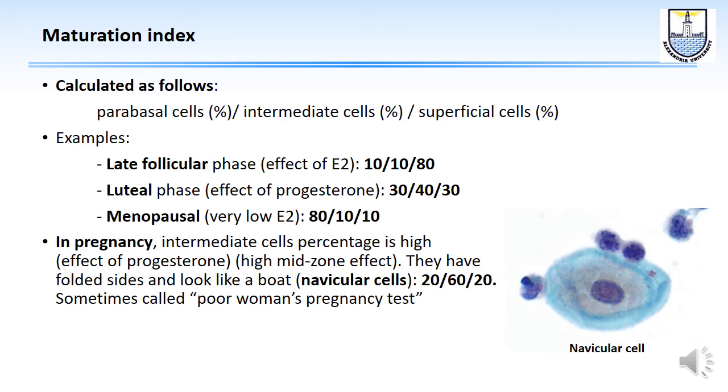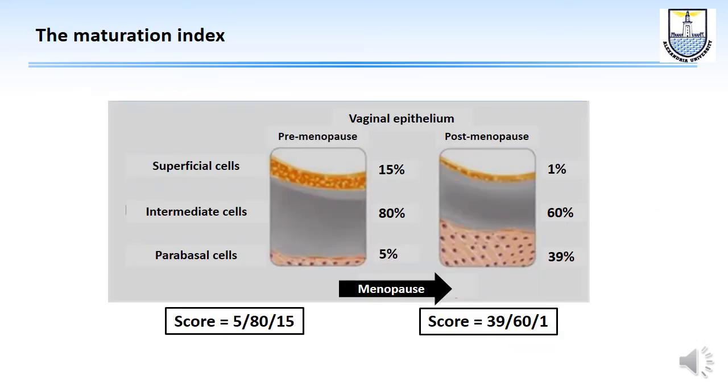If a woman has a delayed cycle and we do a vaginal smear from the side of the vagina and we find a high mid-zonal, then she's probably pregnant. And this is another example of how things change from the premenopause to the postmenopause.